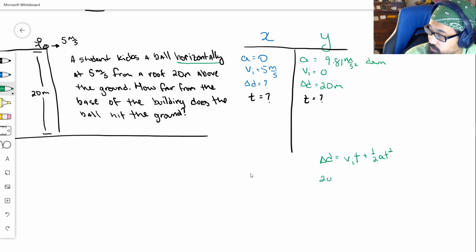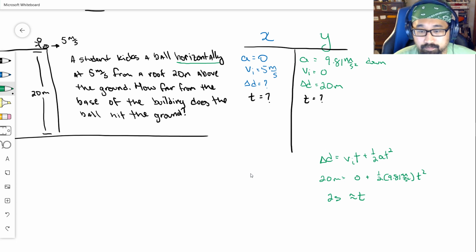So I know that 20 meters is, this all goes to 0, so 0 plus 1/2 times 9.81 meters per second squared times time squared. This is about 40. It's about 10, so time is give or take 2 seconds.